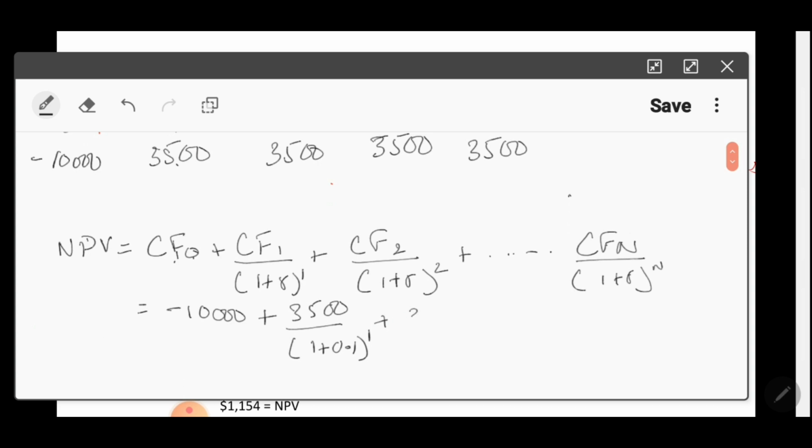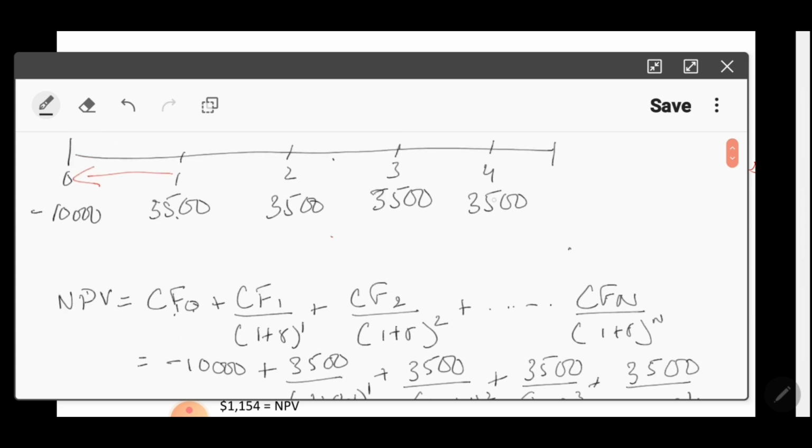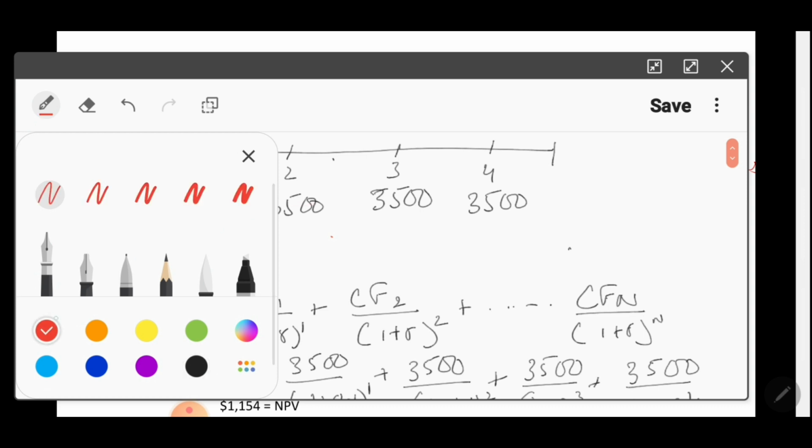So then we have 3,500, 1.1 power 2. This should be very clear to you कि पावर्स किस तरीके से यूज़ होती हैं बिकॉज आप टाइम वैल्यू ऑफ मनी काफ़ी डिटेल में ऑलरेडी पढ़ चुके हुए हो. So you have power 2, 3 and 4 according to the timeline in each case.